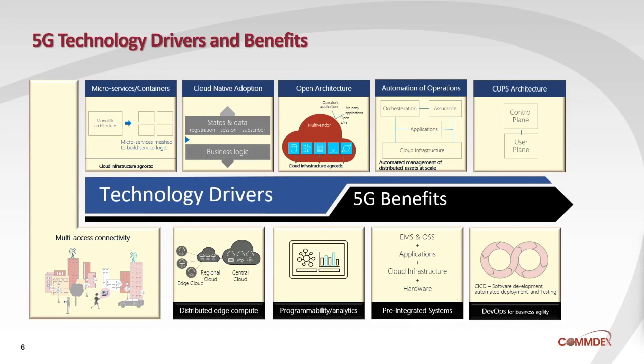Another technology driver for 5G is based on an open architecture model, which promotes the use of different vendor core network functions and the integration of third-party applications via APIs.